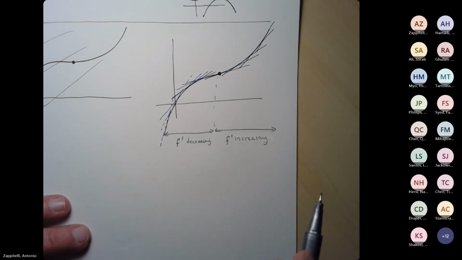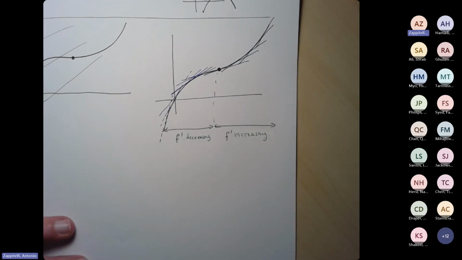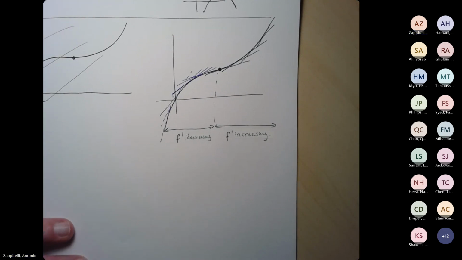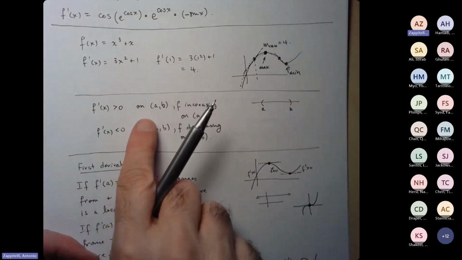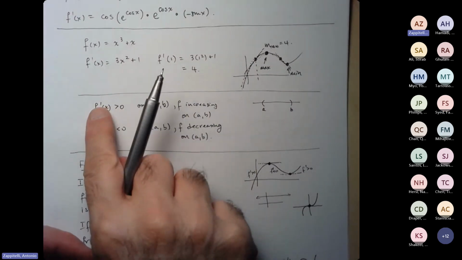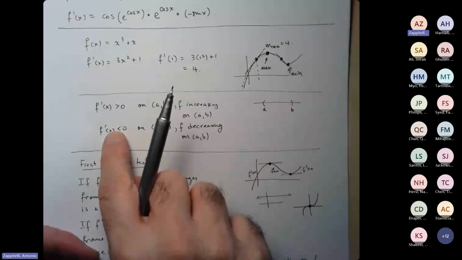Wait a minute. What tells us that something is increasing or decreasing? What did we use before to show that something was increasing or decreasing? Remember how we determined that something was increasing or decreasing? The derivative of that function had to be positive or negative.